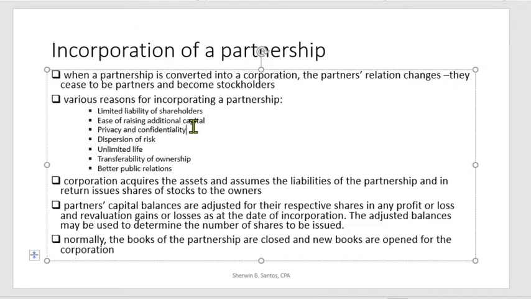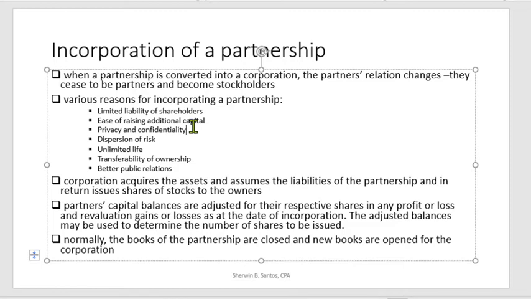Ang sinasabi dito sa better public relations ay in connection with the ownership, dahil mas marami ang pwedeng maging owner or stockholder ng isang corporation. It results to better public relations dahil it can be offered to the public at hindi isang group of people lang ang nakikinabang doon sa operations ng business. So yun yung better public relations.